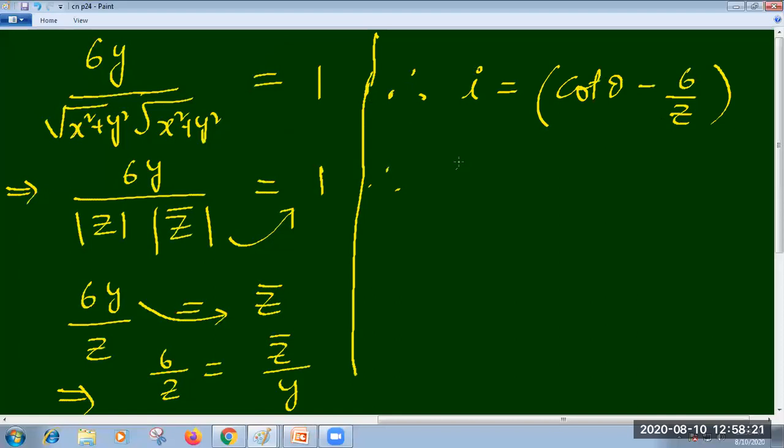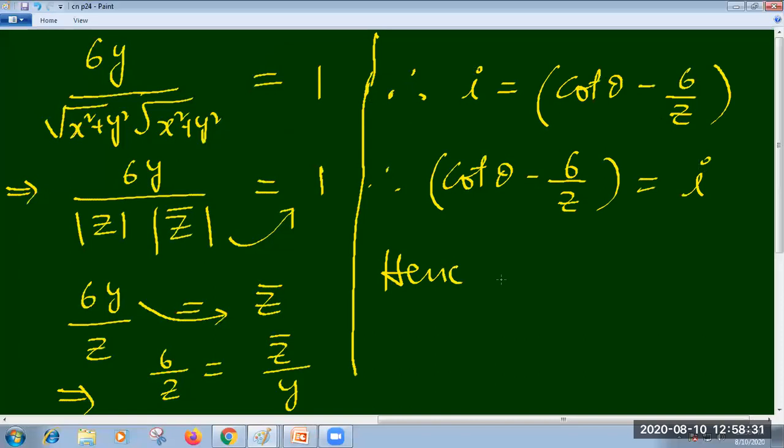Therefore cot theta minus 6 by z is equal to i, hence proved. So this is what is required.